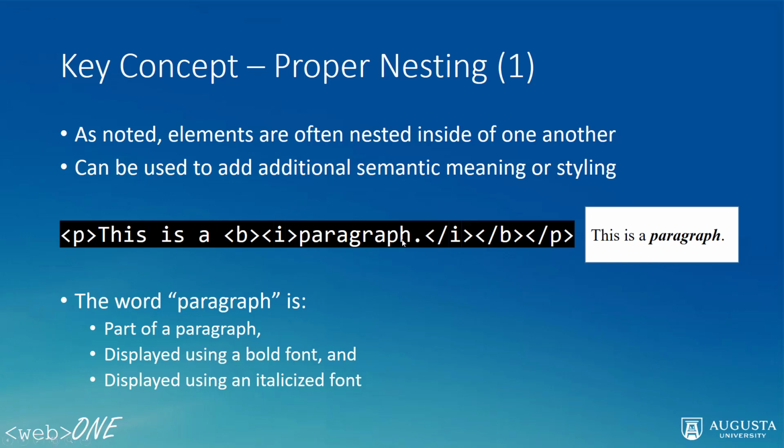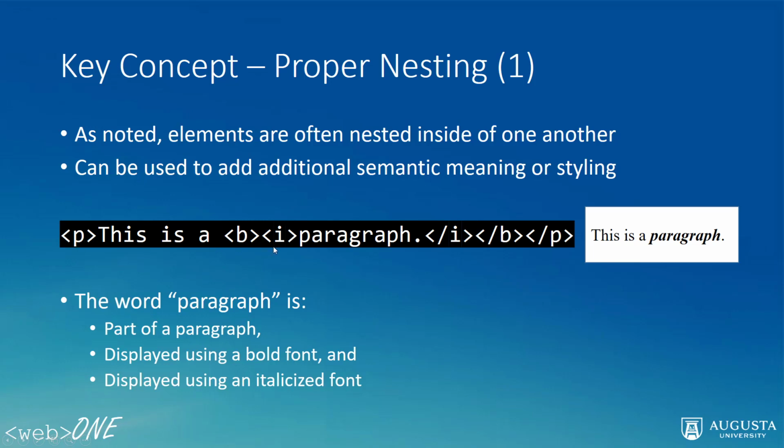Here in this example, the phrase "paragraph" is defined inside the I element. The I element itself is defined inside the B element, and the B element itself is defined inside the P element.